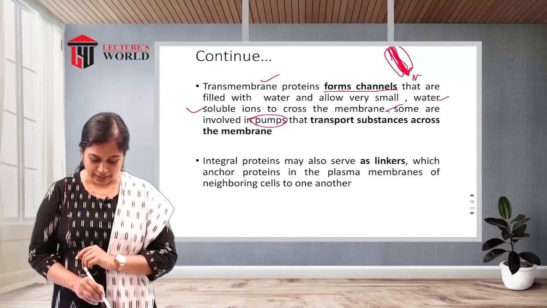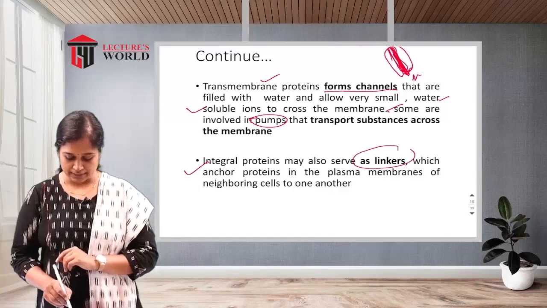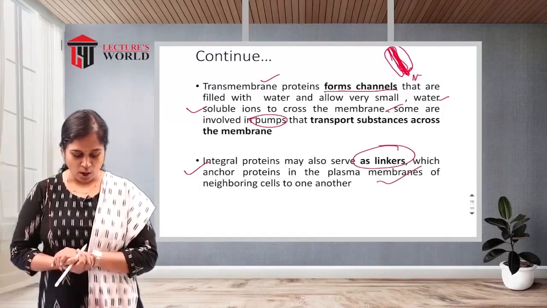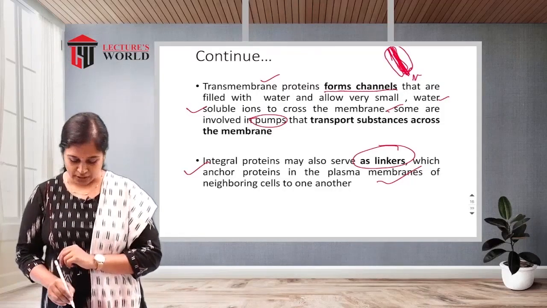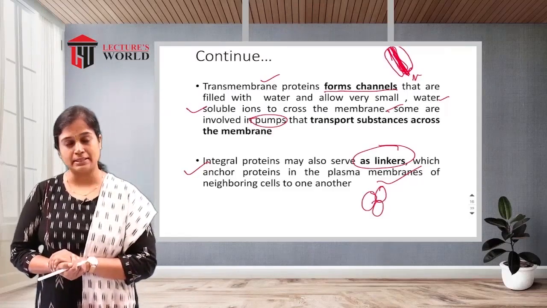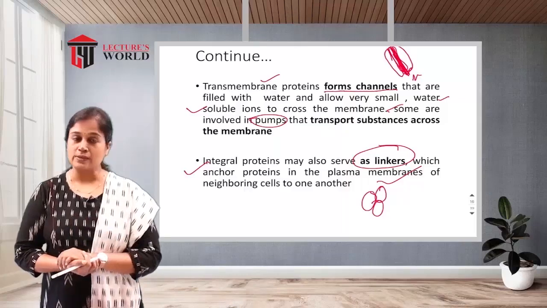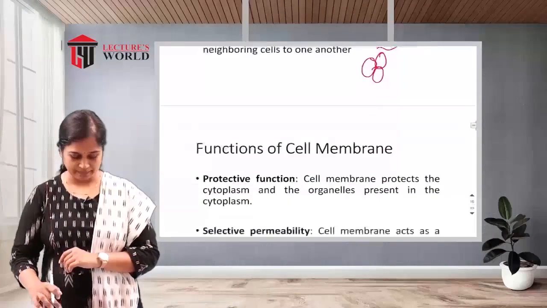Then integral proteins may also work as linkers which anchor the proteins in the plasma membranes of neighboring cells to one another. So this kind of protein works as a linker, attaching to other cells. So these are the functions of the plasma membrane proteins.